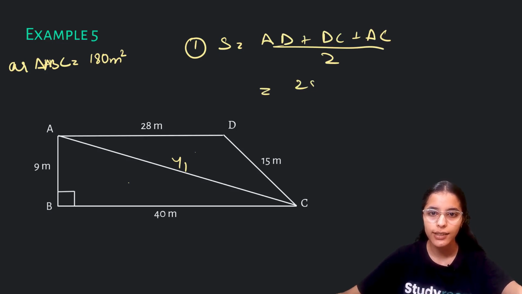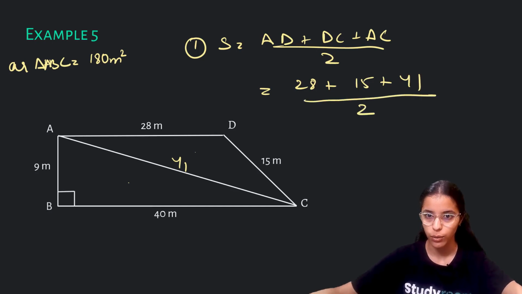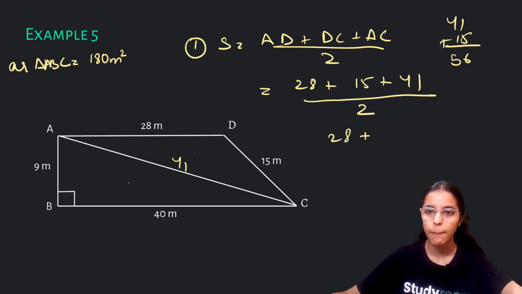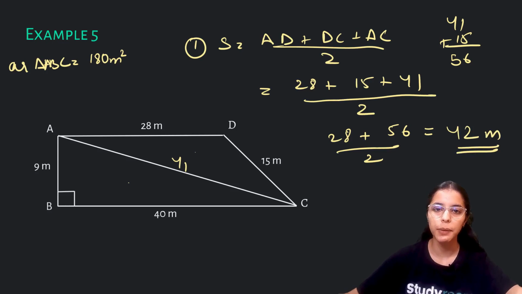So our AD is 28 plus DC is 15 plus AC is 41, and let us divide it by 2. 15 plus 41 is 56. So 28 plus 56 divided by 2, which will come out to be 42 meter. So this is our semi-perimeter.